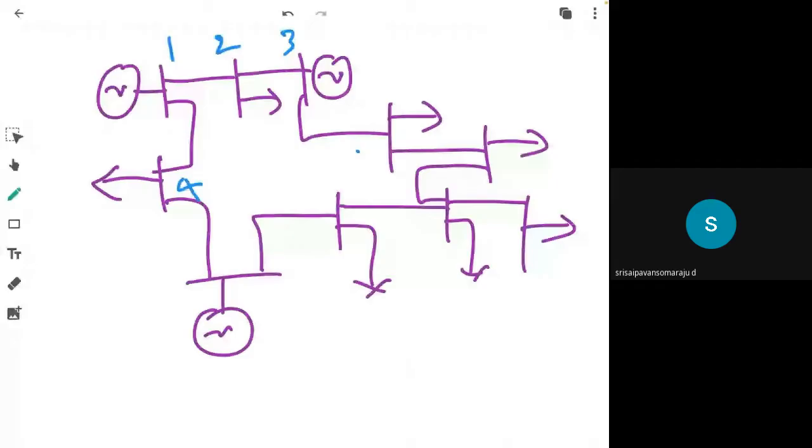In fact, you can have 1, 2, 3, 4, 5, 6, 7, 8, 9, 10 buses here, among which 3 are generators and the remaining 7 are loads.